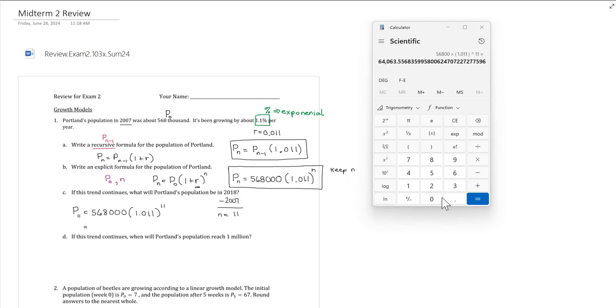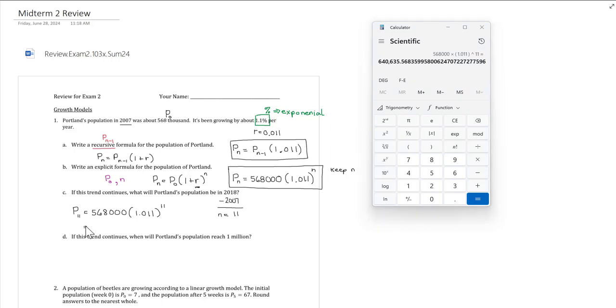Let's take 568,000 times, use my parentheses, 1.011, close my parentheses, and then take that to the power of 11. If you do not have parentheses in your calculator, you'll need to do 1.011 to the power of 11 first, and then multiply it by 568,000 using your order of operations.